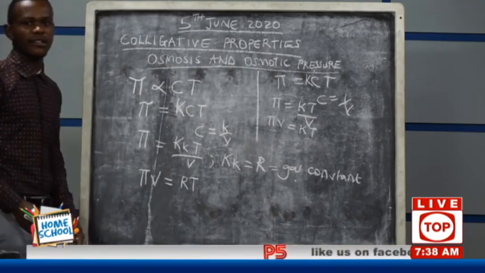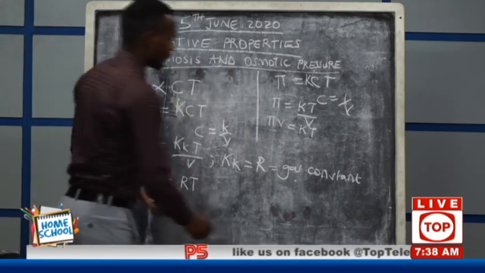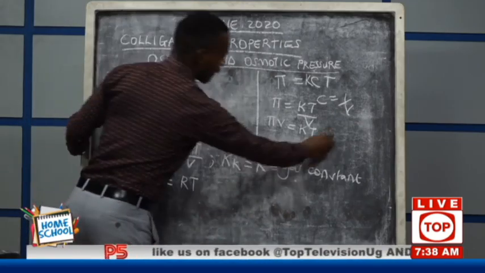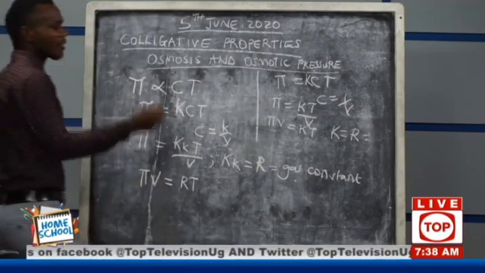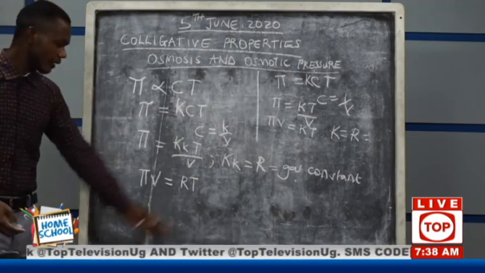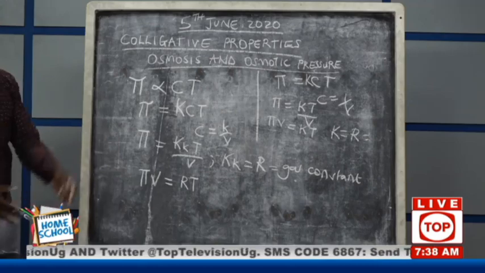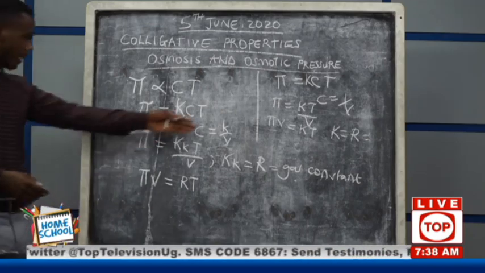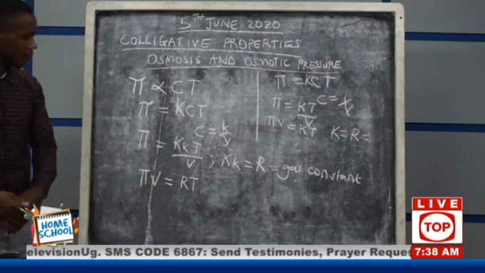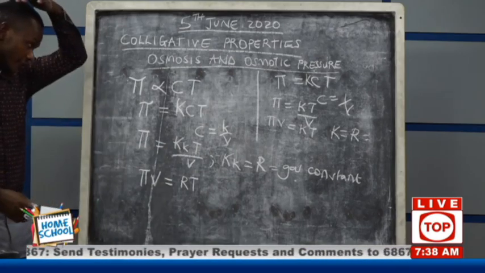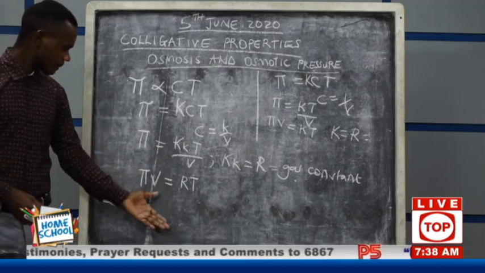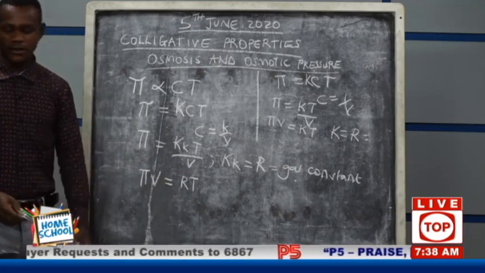Once they have that one, they say that K is equal to R, which is equal to the gas constant. They substitute and they get this expression. Either way it is correct. You can apply this or apply this. It will still give you the same thing: pi V is equal to RT.